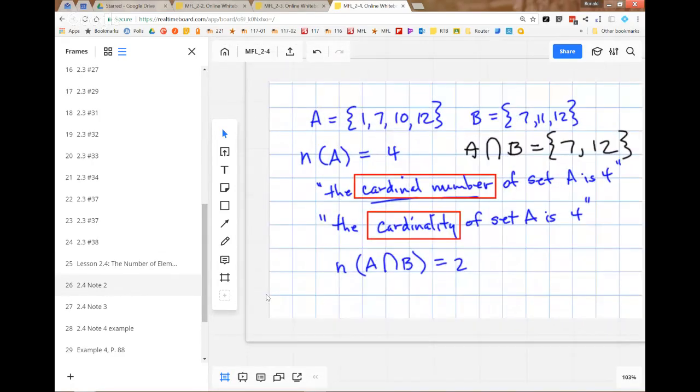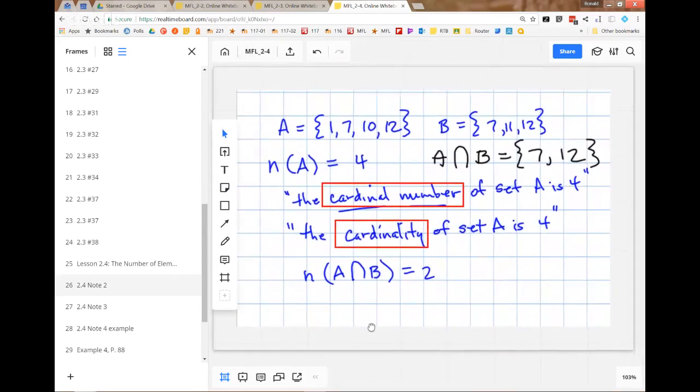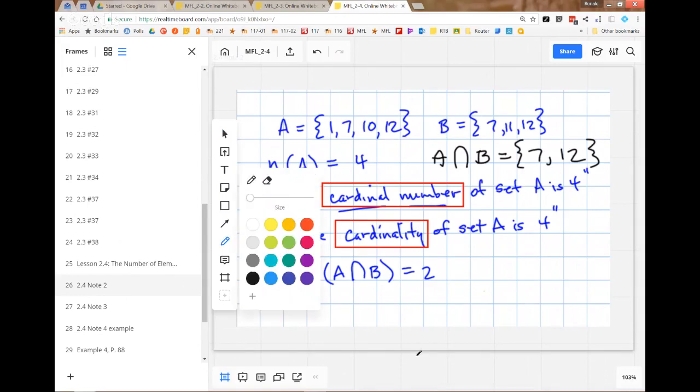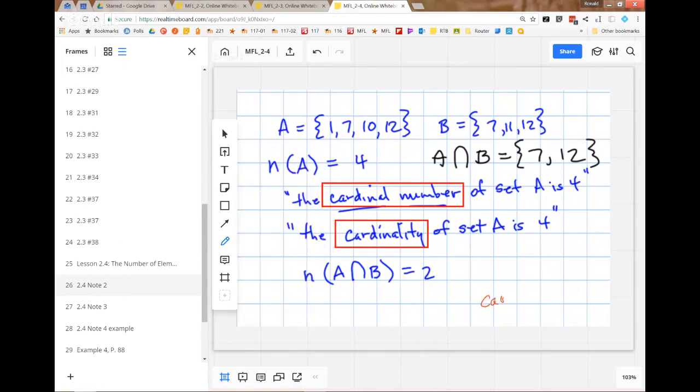So here's the first real slide where you want to take some notes. Actually, there's something that's not on here. There are 2 kinds of numbers that you probably have not heard of, and I'm writing them on the bottom.